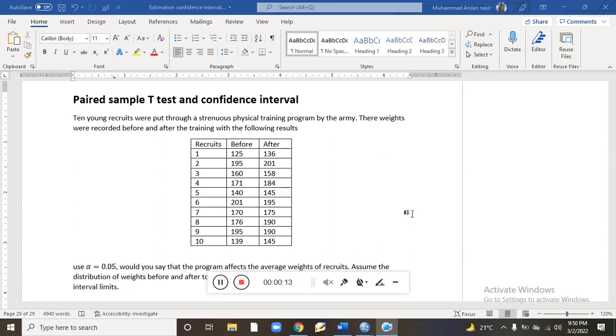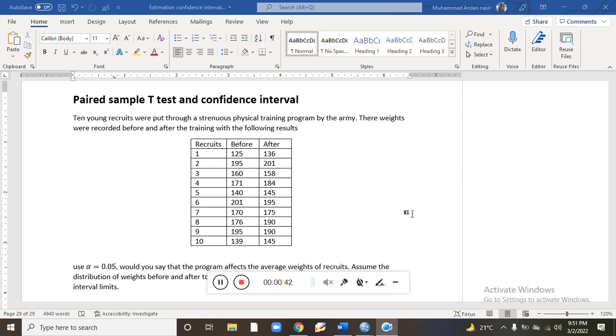Today we are going to learn how to apply paired sample t-test and confidence interval for paired data or paired observation. Here I typed in an example from a book whose authors are Professor Sher Chaudary and Shahid Kamal, and the title of the book is Introduction to Statistical Theory Part 2.